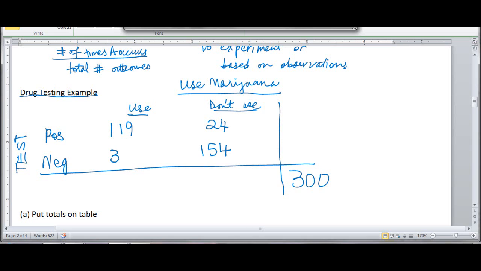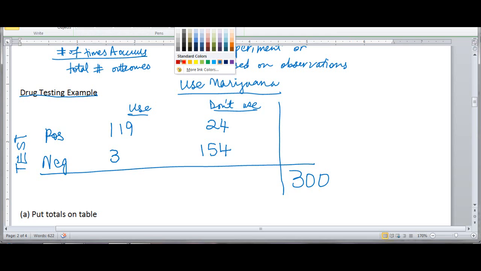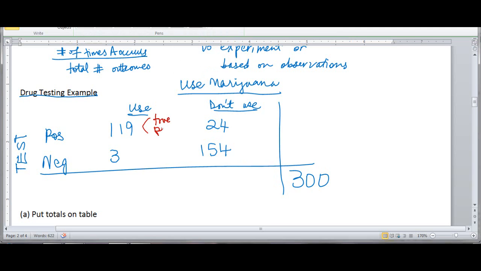This is called the rate of true positives. So these are people who tested positive, and that's true, they do use, they should have tested positive. These are false positives. These people tested positive, but that's false, they don't use.